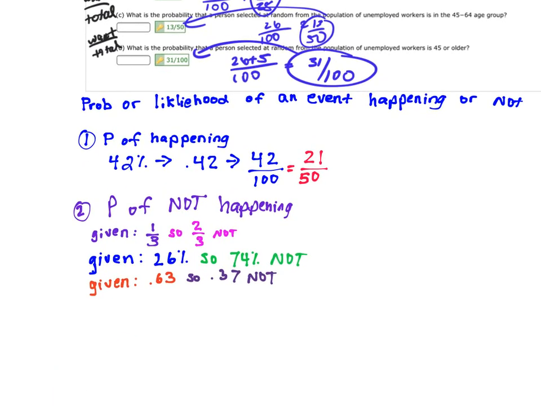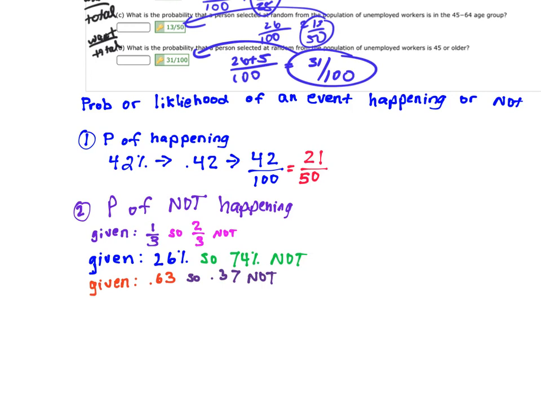Last thing, I wanted to talk you guys through this. When we talk about probability or likelihood, it's the chance of something happening. So if you're given a question and it says the probability of something happening is 42%, what's the likelihood of it happening? It's whatever they gave you. It's 42%. It's 42 out of 100, which is 21 over 50.